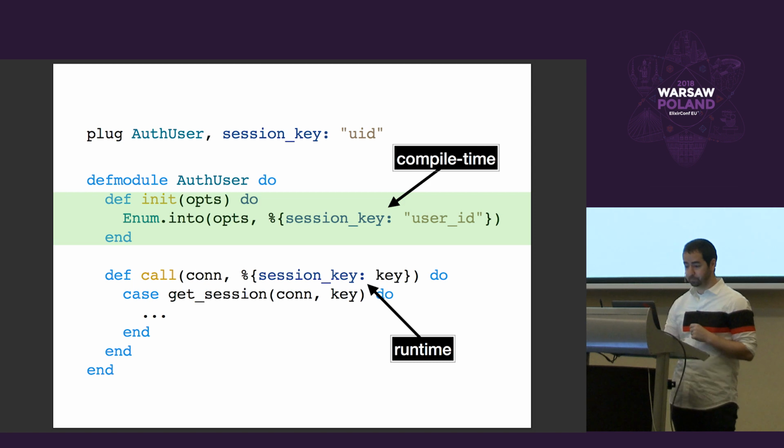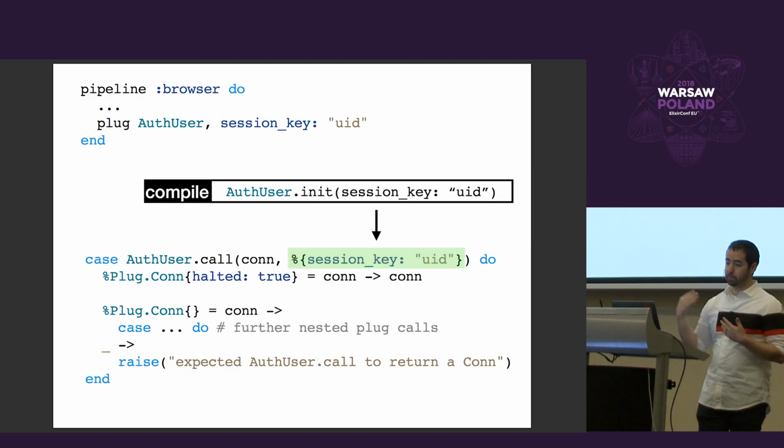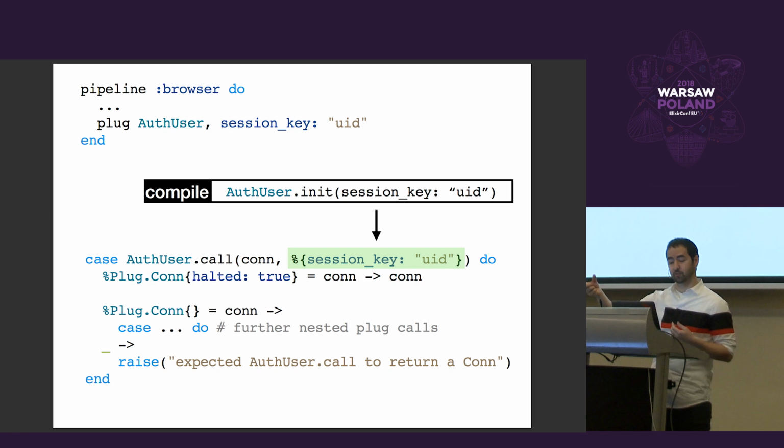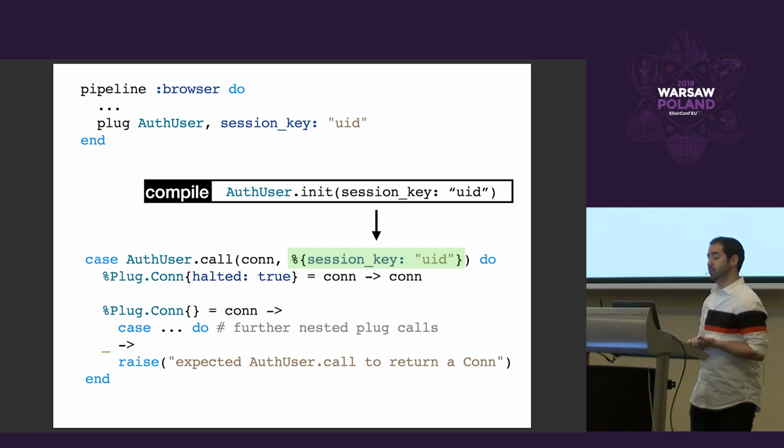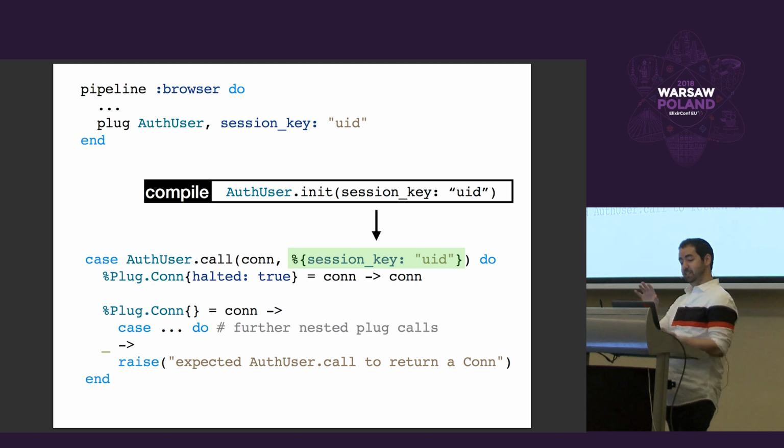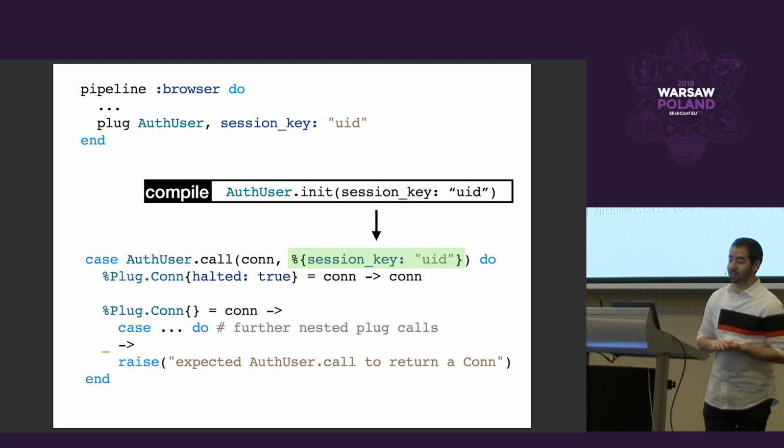Because I'm going to put that plug into a pipeline somewhere, and our browser pipeline is going to have plug fetch flash, plug protect from forgery for cross-site request forgery protection, and then at compile time, plug is going to generate a nested list of case statements or expressions.